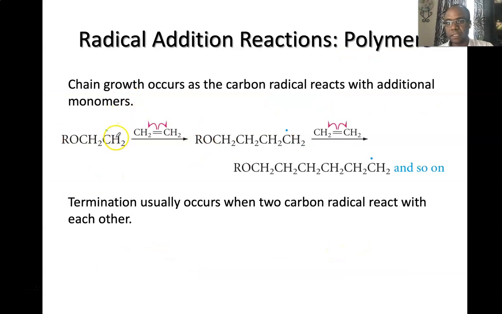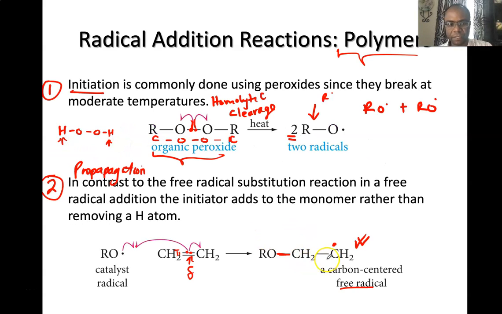So you use this radical to attack the alkene, just like we did before. Join this carbon to this CH2. Break apart the pi bond, the sigma bond stays, the other radical goes on the other side. You are adding 2 carbons onto what you already made on the previous slide right here.